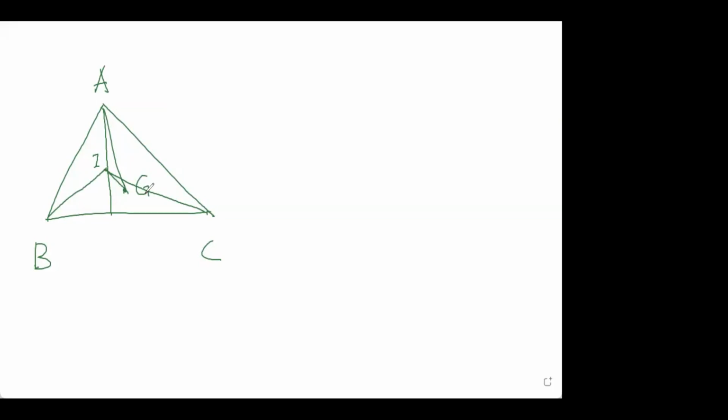And the key to this problem is to think of where G can be, where the centroid of a triangle can be. The centroid, in our common sense, can only lie inside the triangle or on the edges of the triangle.